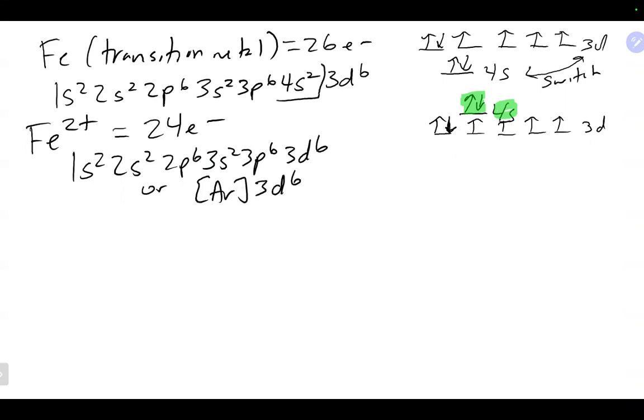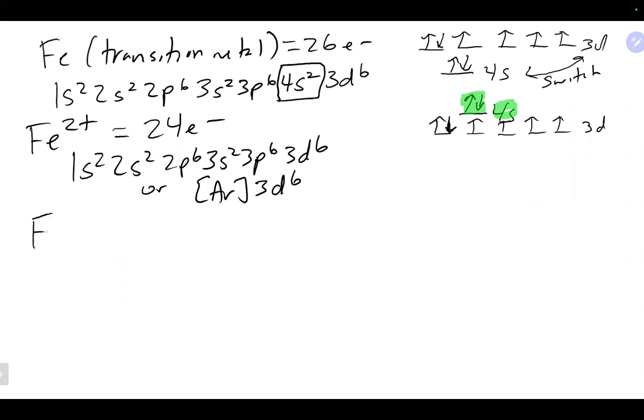It is the 4s electrons that actually get lost first. So it's a weird thing that happens, and only happens with those types of elements. The electrons go into the s first as they are filling, and then the d. But then there's a switch that occurs in the energy once you start putting the electrons into the d. So where it really affects is when these guys lose electrons, which ones they lose first.